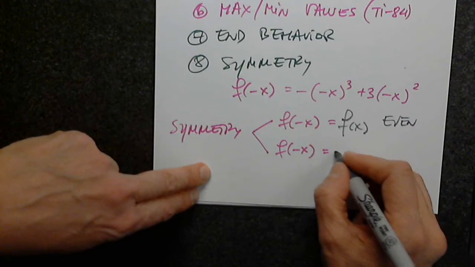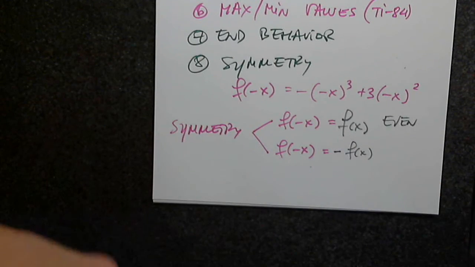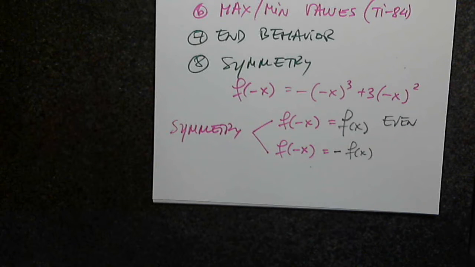And the other option is negative f of x. Let me refresh your memory, or beg you again: every weekend, you must redo your tests. Every weekend, till the end of the semester. If you don't, we're going to start from scratch when we start reviewing for the final, and that's not beneficial at all.